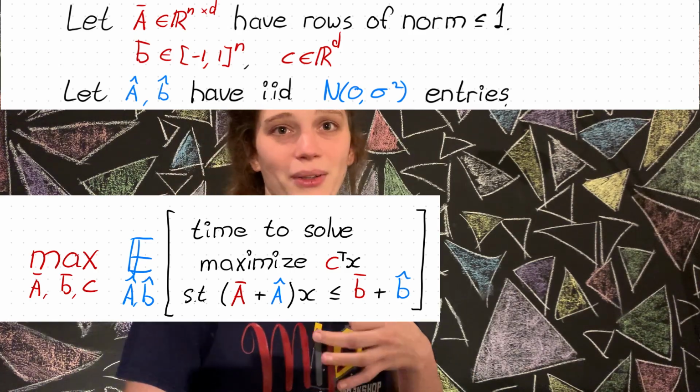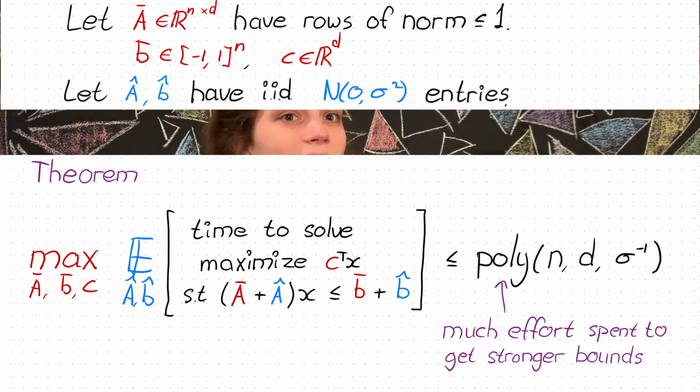With this setup, you can prove that the smooth complexity of the simplex method is bounded by a polynomial in n, d, and 1 over sigma. That is the number of constraints, the number of variables, and 1 over the standard deviation.